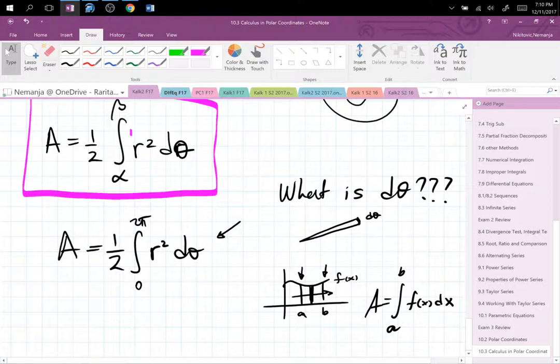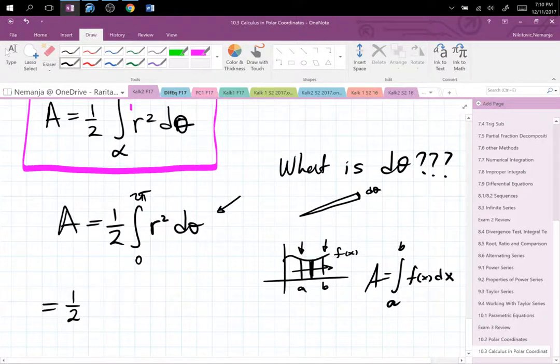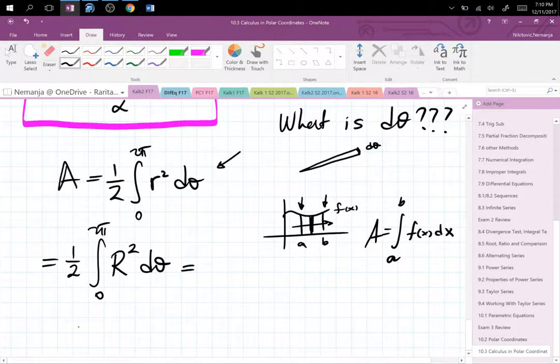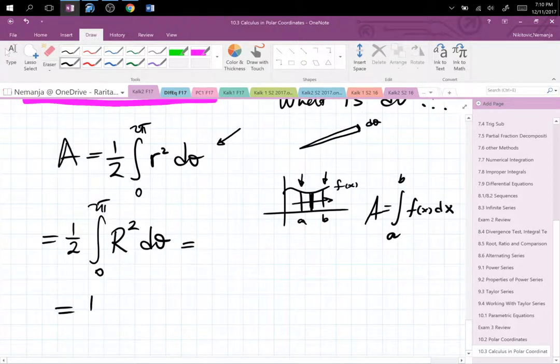Let's go. Integration. 1/2 integral, d theta. So I have 0 to 2 pi of capital R squared d theta, which is further equal to 1/2 times the integral of r squared, which is r squared theta, calculated from 0 to 2 pi.